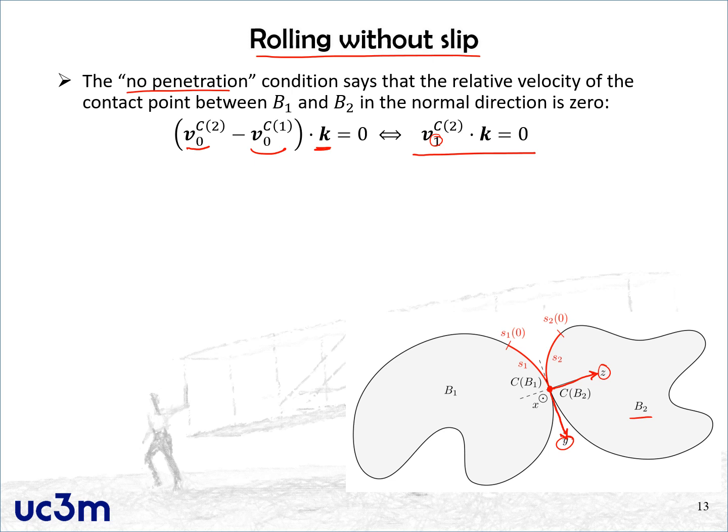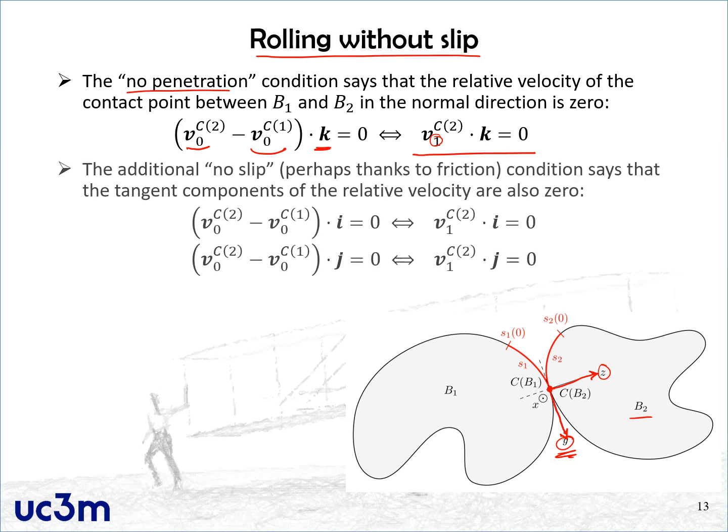This is the condition for no penetration, but we are not saying anything about the slip between the two bodies. The velocity of the contact point of each body in the direction of Y doesn't have to match if we just have this condition. Now, the condition of no slip adds information on this. It says that the velocity of the two points of contact has to be equal also in the direction of the tangent.